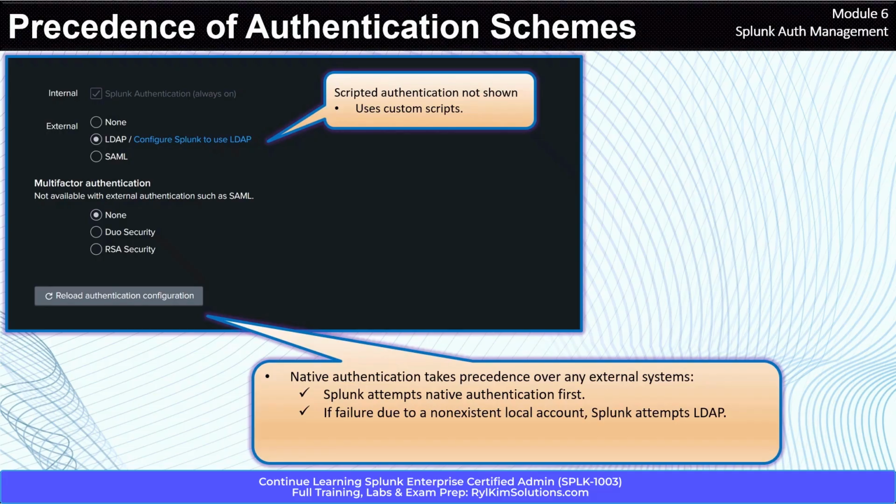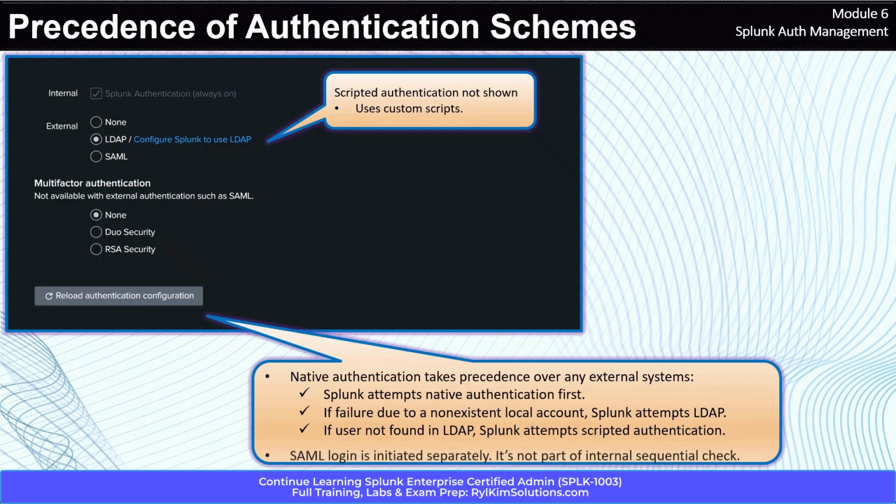Then it's going to try LDAP first. If LDAP fails as well, so maybe the user accounts are not in LDAP, in that case, if you have scripted authentication configured via your custom scripts, it's going to use that. One of the key things: the authentication mechanism that is used by SAML is initiated separately. We are going to see the details of that later. That is why SAML does not really fall into this sequential check. So you should understand that SAML is not part of this precedence order.